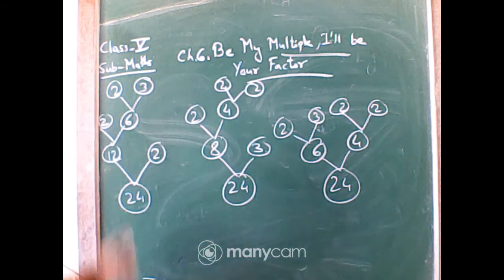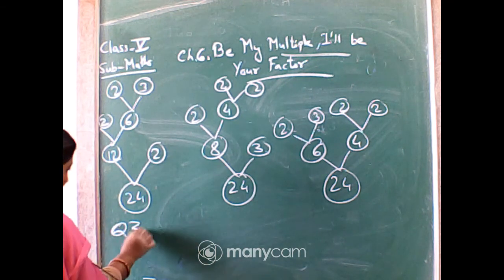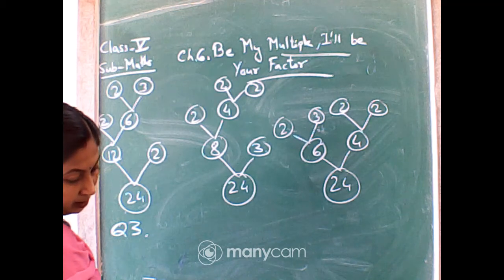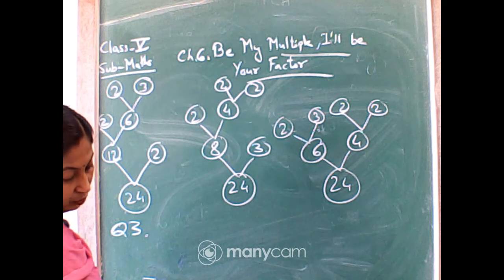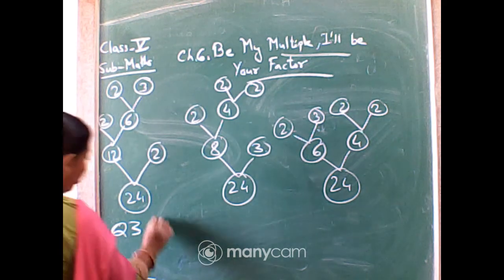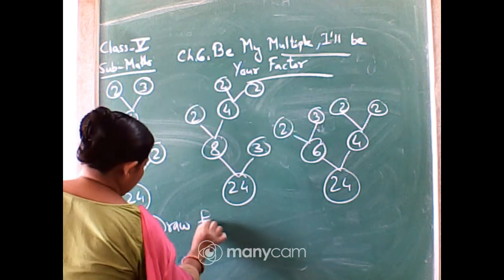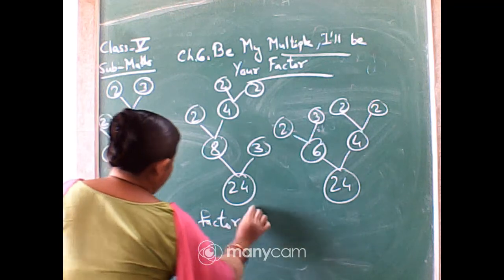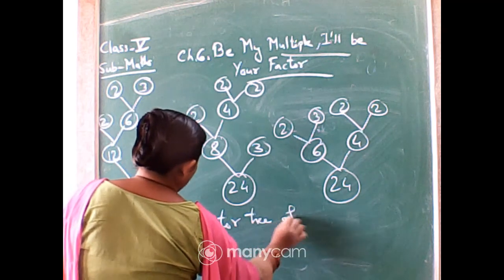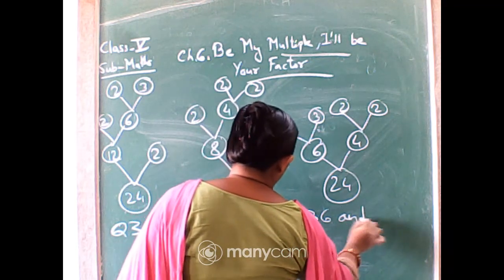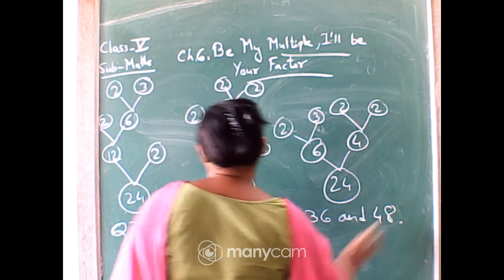For question number 3, I am giving you the numbers, drawing the factor tree using other numbers. So you will draw the factor tree of 36 and 48, these two.